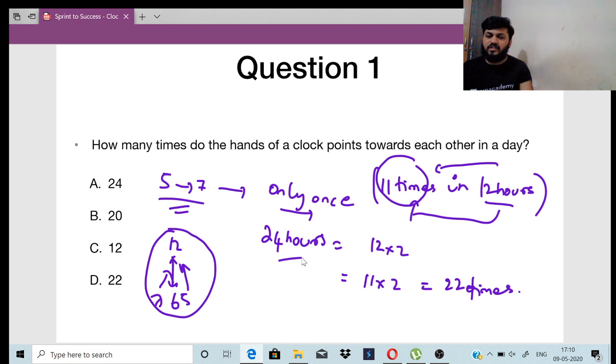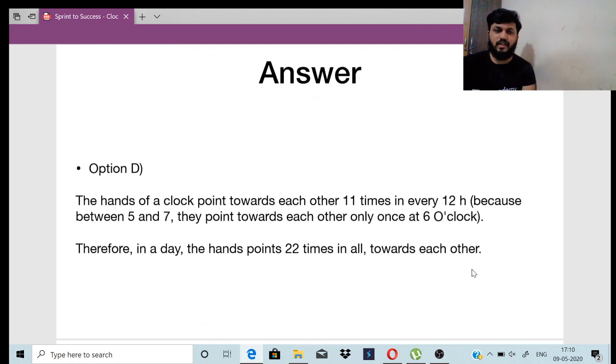You have 24 hours in a day, which is 12 into 2, so 11 times into 2 is 22 times a day. I hope everyone has understood this question.